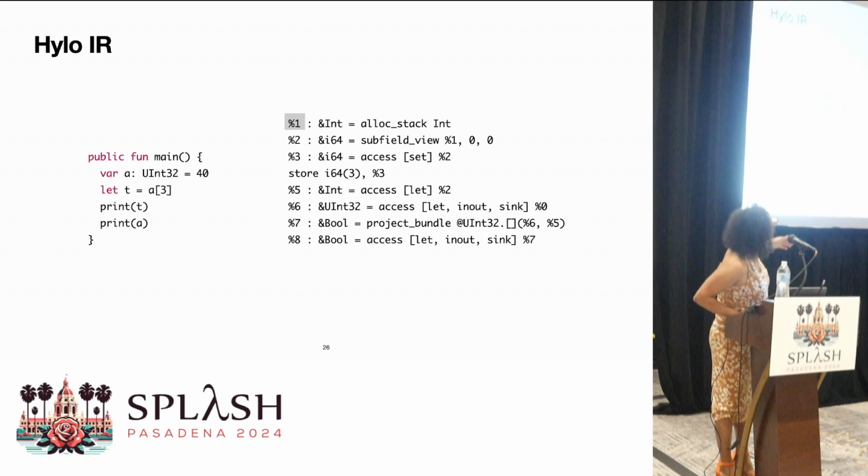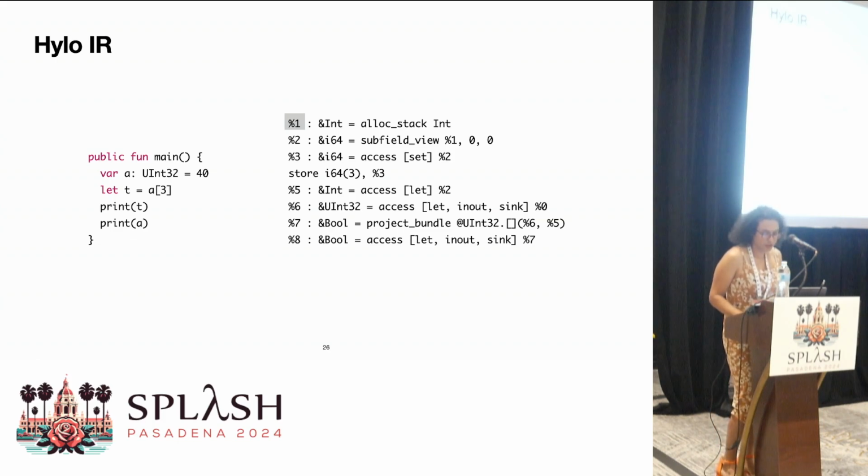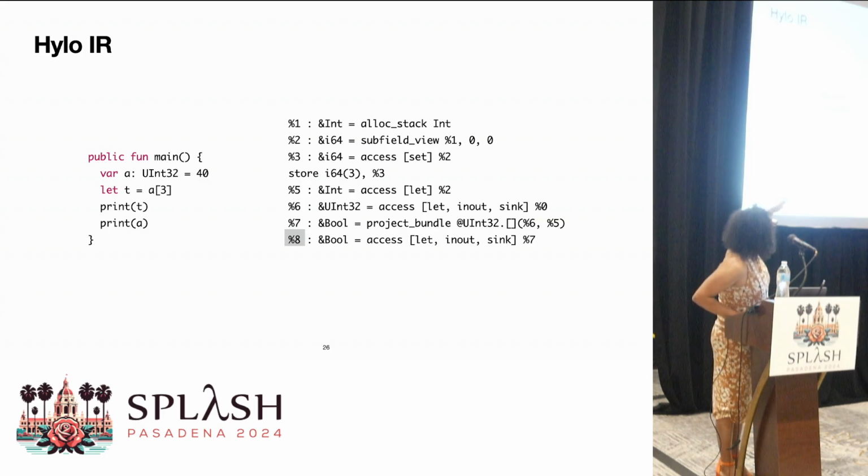The stack allocation corresponds to the argument that we pass to the subscript of A here. And %8 here is another register that represents the result of binding T in the source program. So this is the end of the call to the subscript that we have on the left.